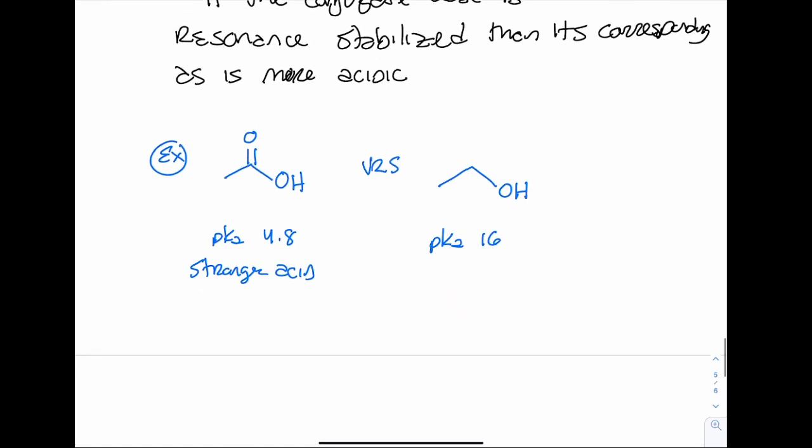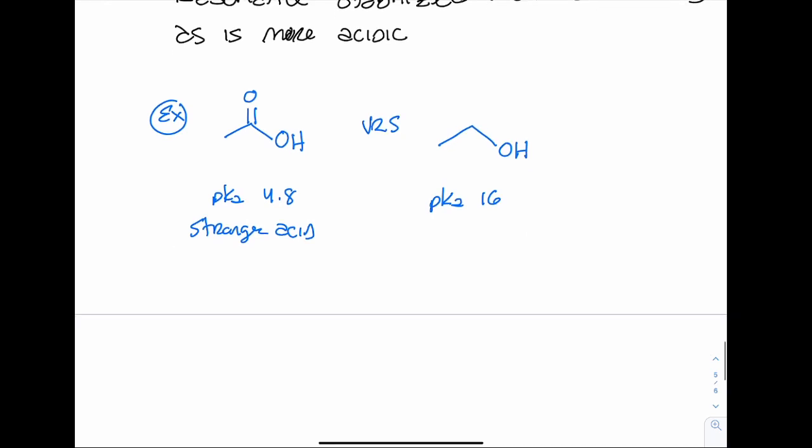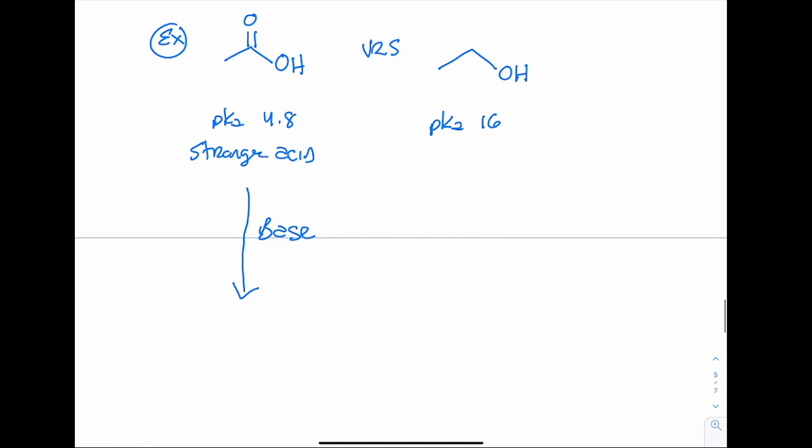But if we didn't have the pKa values, what's going to happen? This is going to react with some sort of base. The base is going to take the proton, and I'm going to end up with this as my structure. So negative charge, 2 lone pairs.